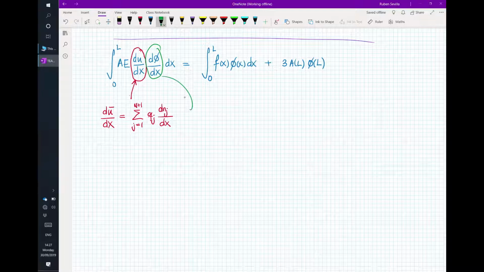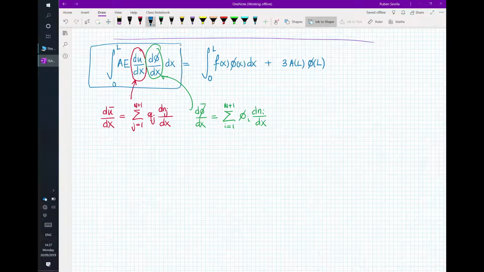Similar stuff here, we have the phi bar, this one. Same stuff with different coefficients. So it's the same shape functions but with different coefficients. For the moment, I'm going to focus on the guy on the left. Then we can look at the right-hand side, but let's go step by step.